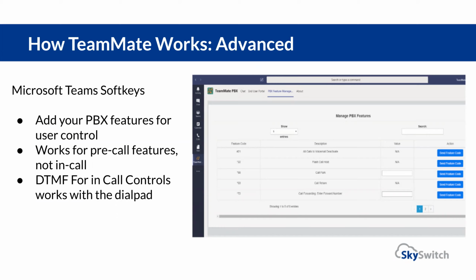You cannot do in-call controls with these particular buttons, but you can still do them with the DTMF that's presented on your soft phone. With these feature codes, you can launch feature codes that are for pre-call, such as agent login, log out, things like that, where you give your call center agent a simple button to hit.